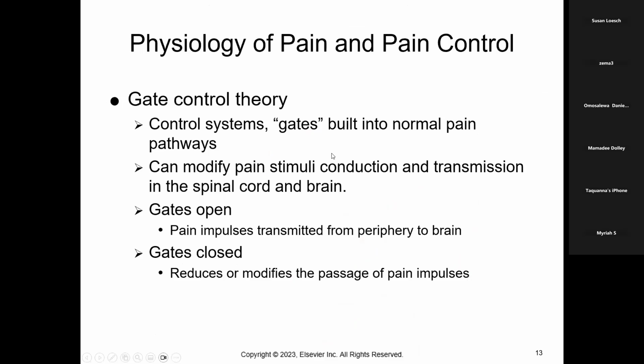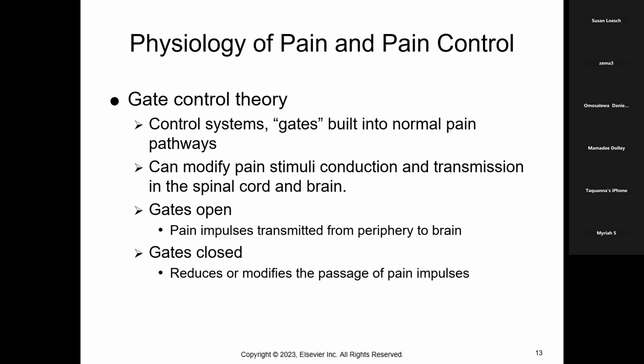All right. You do have to know this gate control theory. Okay. It's been modified over the years. It is kind of a complex theory and they don't quite understand it, but they try to use it to explain the pain pathways. All right. So the gate control theory says that there are neurological gateways in your brain and they decide which pain signals will come through and which don't.